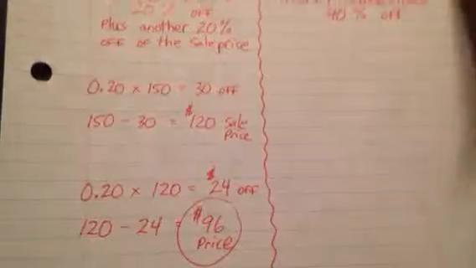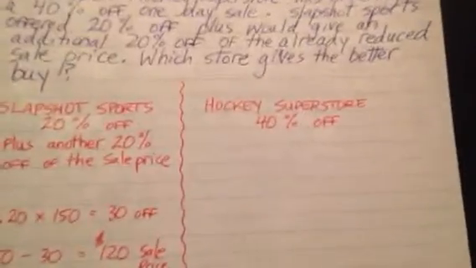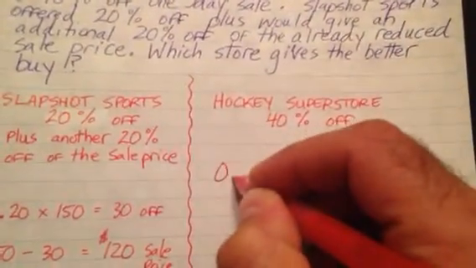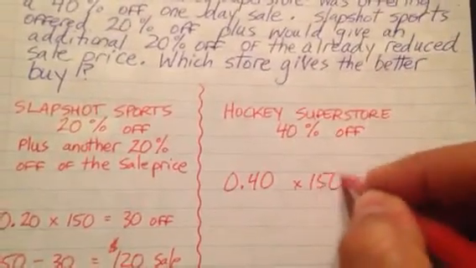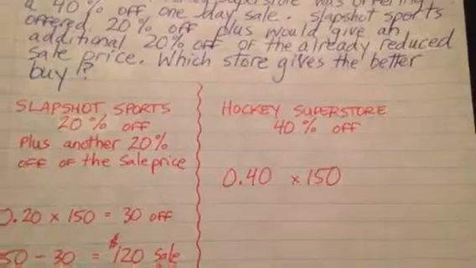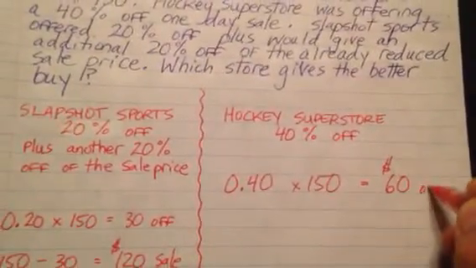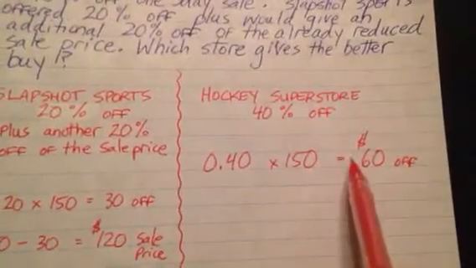Now it would appear that it would be the same sale with the other store, Hockey Superstore. So let's see if it's the same. 40% off. So we take 40% off of 150, and that's $60 off. Well, already we can see that there's a difference there.